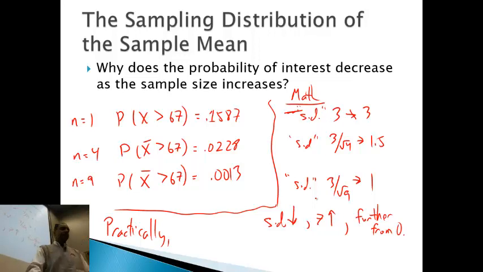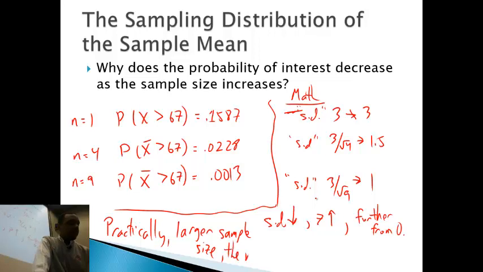So practically speaking, the larger your sample size, the more precise your data should become.